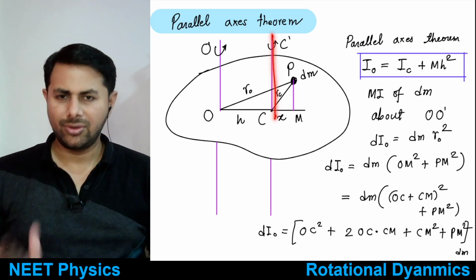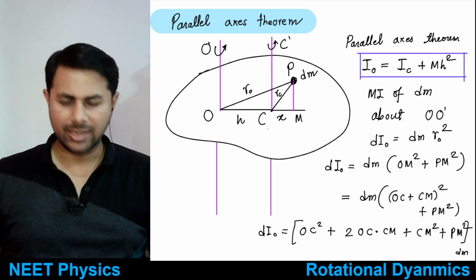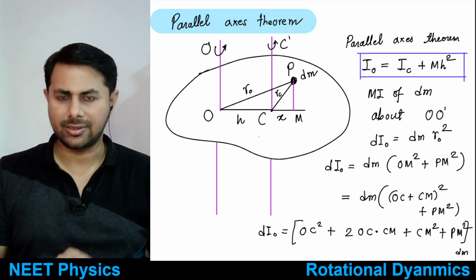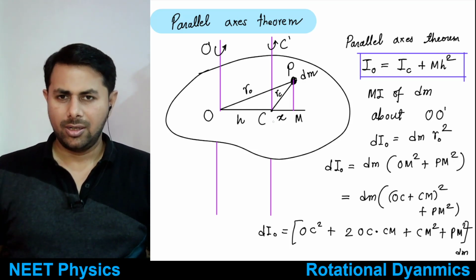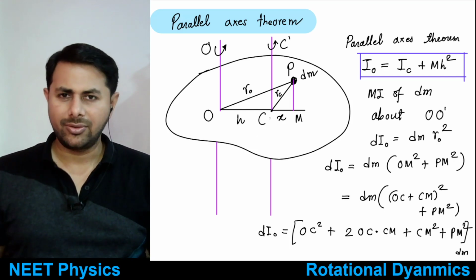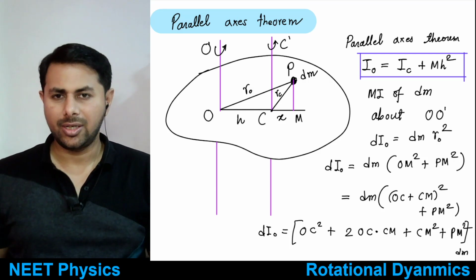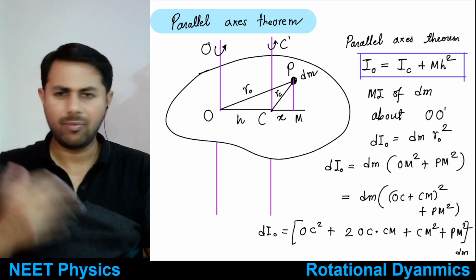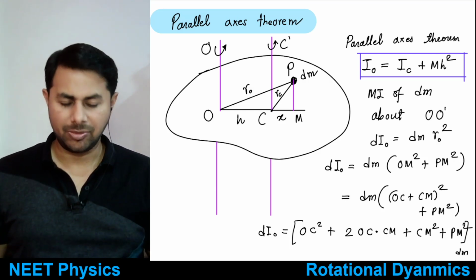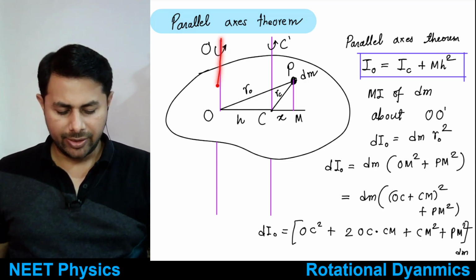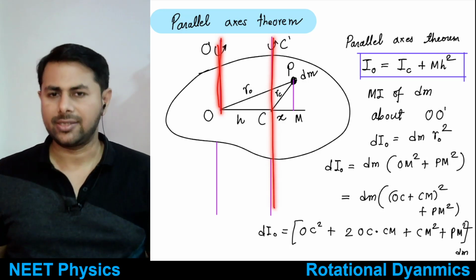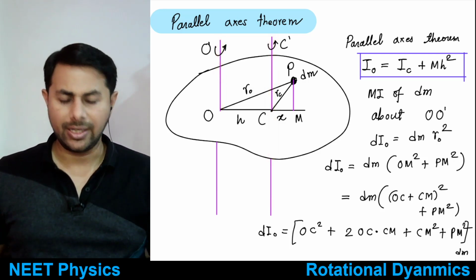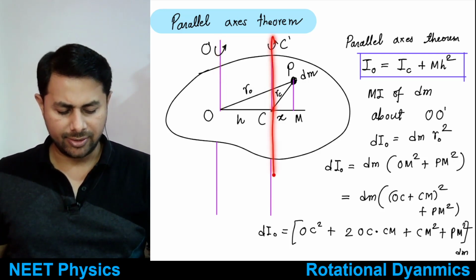You know the moment of inertia of the body about an axis through the center of mass. Now you want to find the moment of inertia about an axis which passes through some point, it doesn't matter which point, but it is parallel to the axis passing through the center of mass.